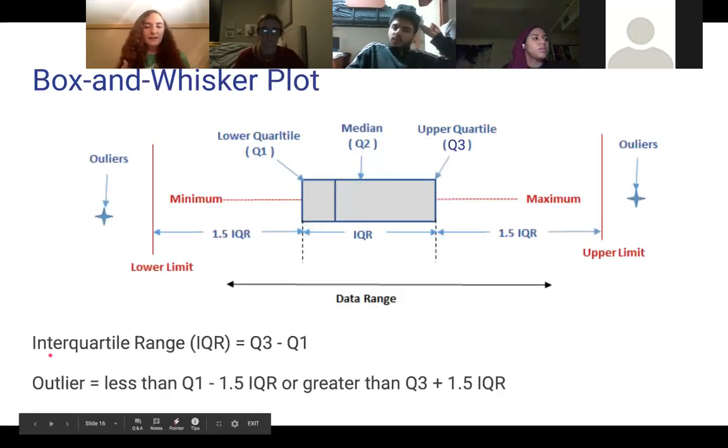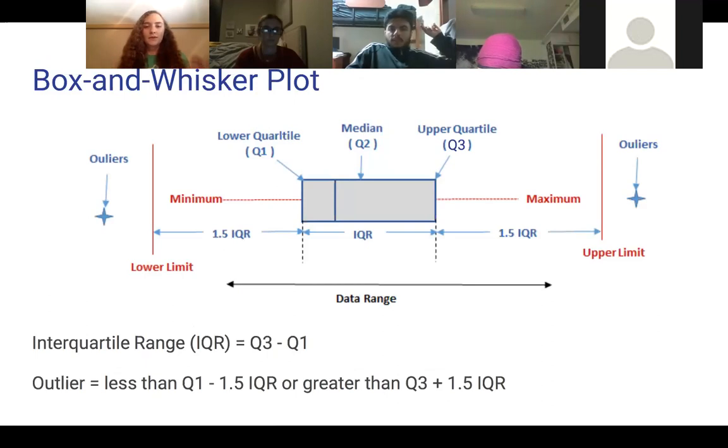Another way that the distribution of scores is shown is a box and whiskers plot. Has anyone ever seen this before? Basically, a box and whiskers plot is broken down into quartiles.